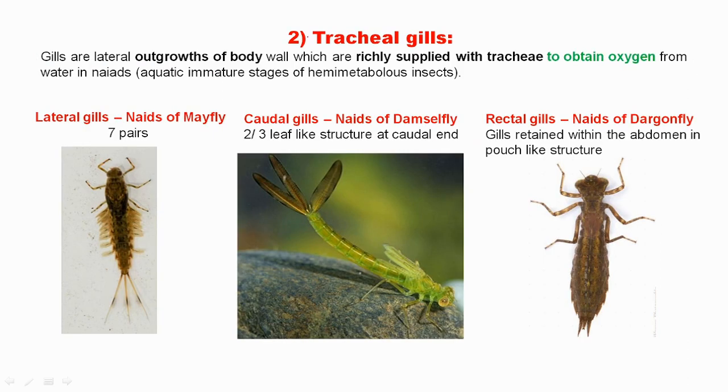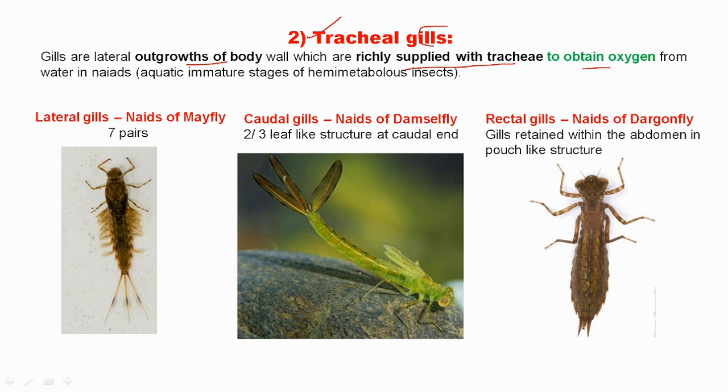Next, tracheal gills. These gills are outgrowths of the body wall which are richly supplied with the trachea, that is, respiratory tubes. That's why we call them tracheal gills. These gills obtain oxygen from the water in aquatic insects, that is, nymphs of mayfly and dragonfly.